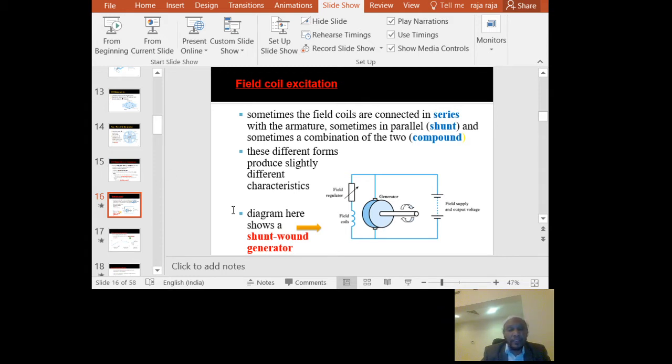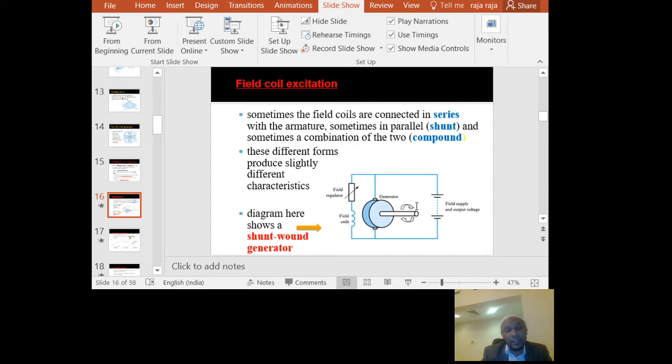We have the field coil and we have the armature. If these two are connected in series, it is the series type of generator. In the figure it shows a shunt, but if you move this series field coil to here in a series connection, then the type of the machine is a series type.